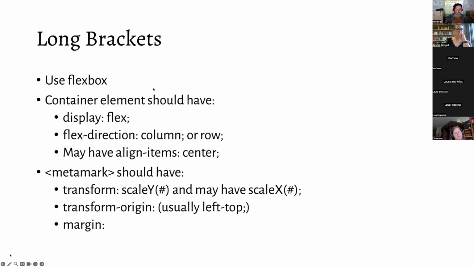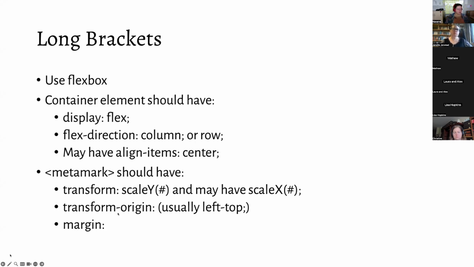We looked at long brackets, which we use flexbox to style. The container element should have a display of flex, a flex direction of either column or row. And sometimes you'll also add align-items center, not always.